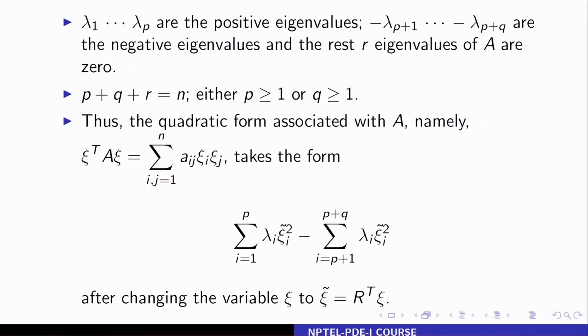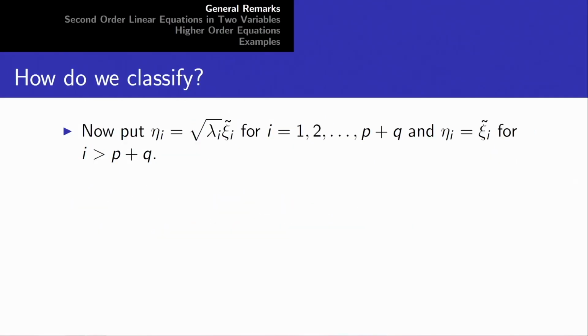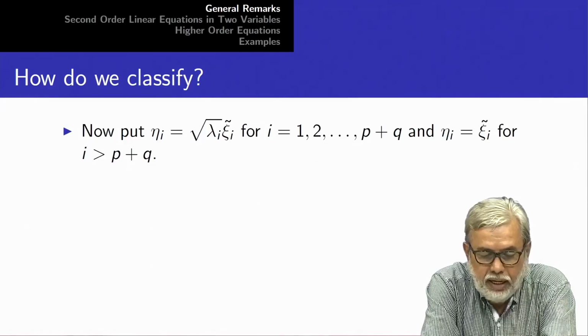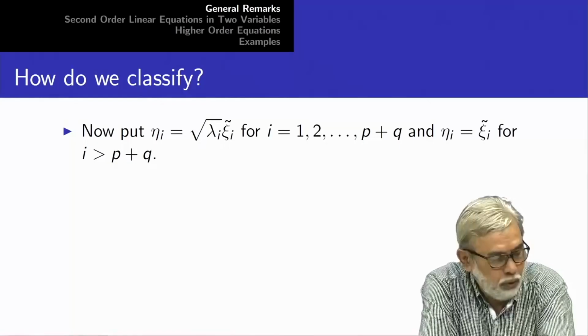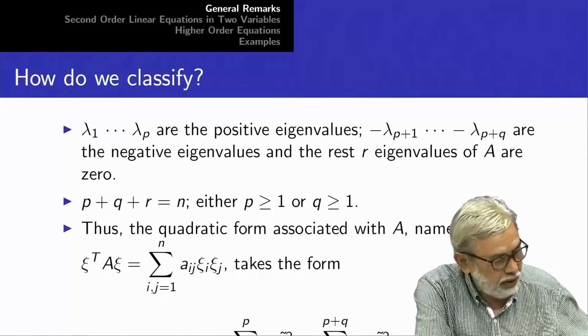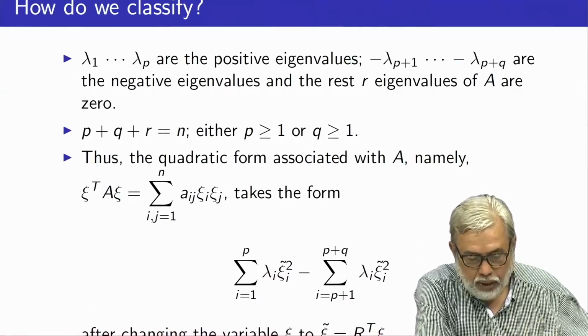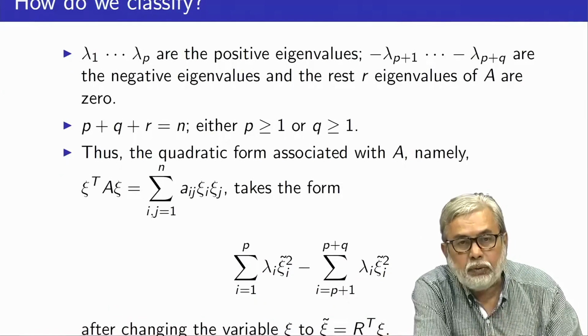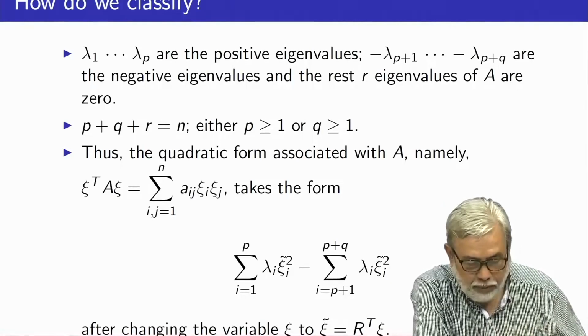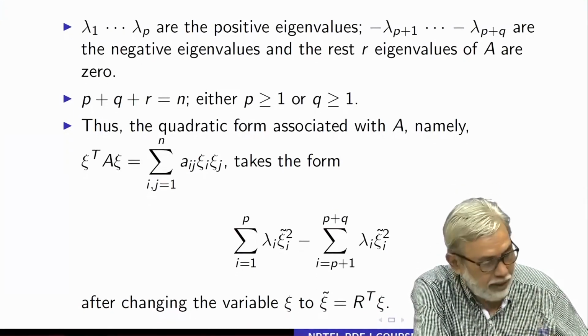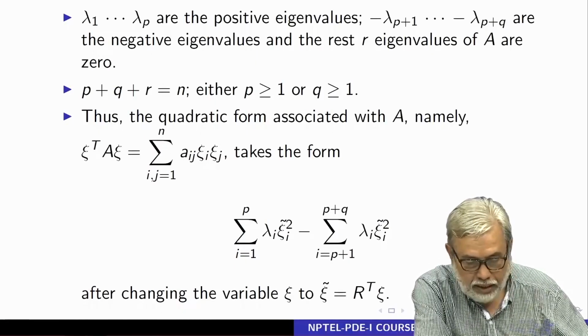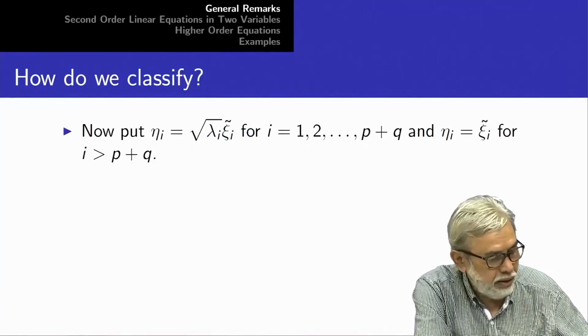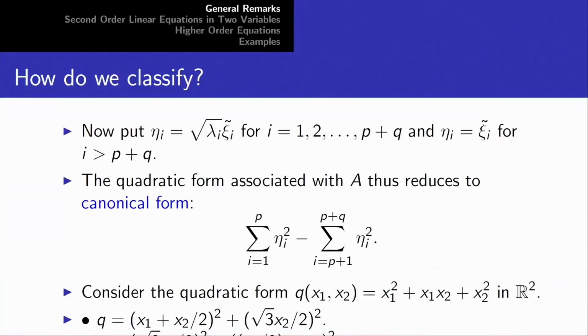We can do one more transformation: put eta_i equal to the square root of lambda_i times xi_i tilde, for i equal to 1 to p plus q. I want to absorb this lambda_i into xi_i tilde, and that gives me only plus ones and minus ones, nothing more.